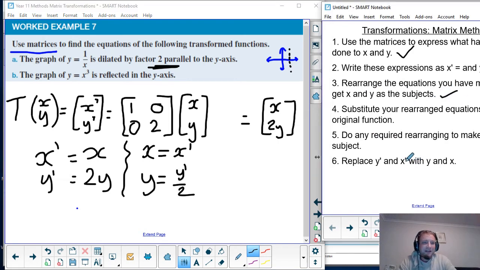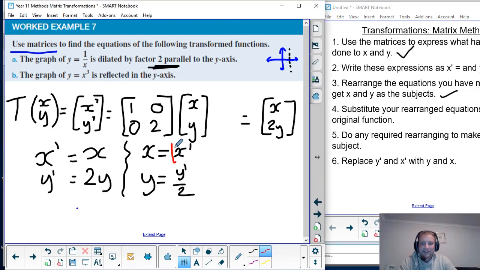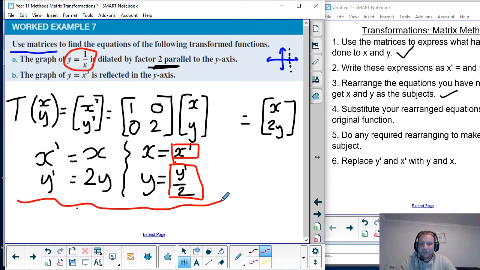What I want to do now is I want to substitute these rearranged equations. So we want to substitute this and this into my original equation. Our original equation, don't forget, is all the way back up here. Okay, we're working with y equals 1 on top of x.